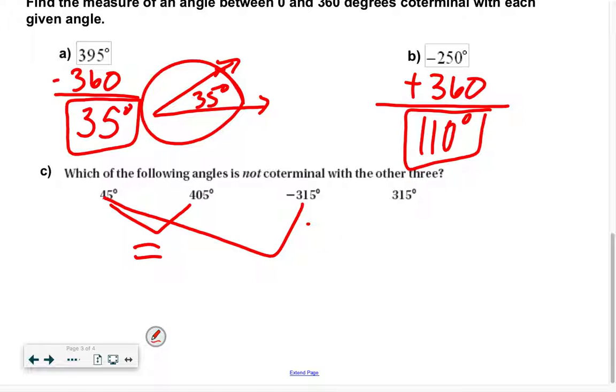Yes. Yeah. 45 minus 360 gives me negative 315. If I took 45 and added 360 to get 405, is it possible for 315 to look the same? No. So that one is not coterminal. Okay.